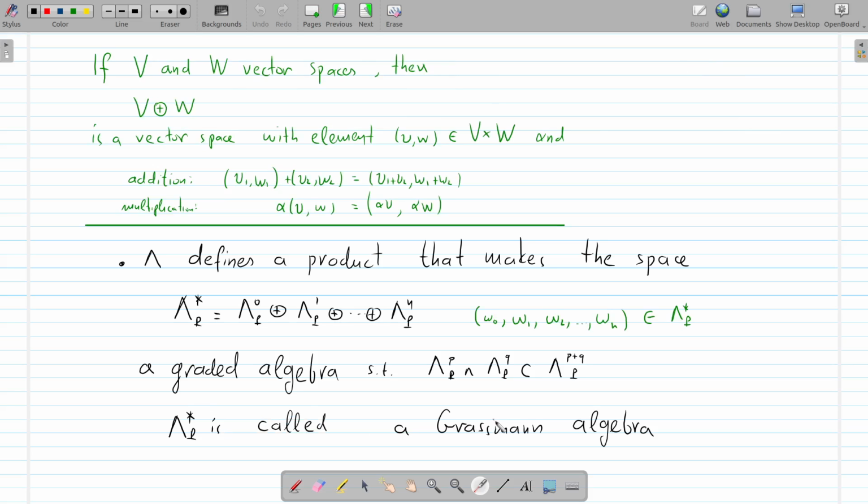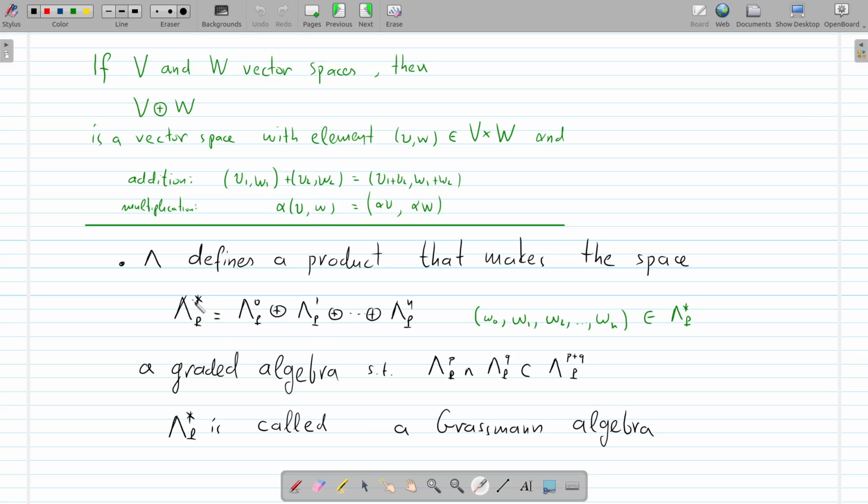And just so that I make sure that you understand what I have written, let me remind you what is the direct sum of two vector spaces. So the direct sum of two vector spaces V and W consists of pairs of vectors, one belonging to V and one belonging to W, with the operations of addition and multiplication being defined in an obvious way.